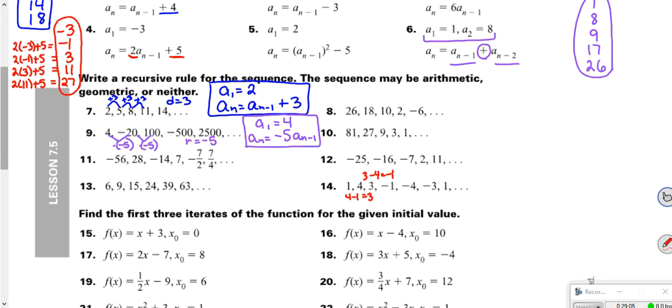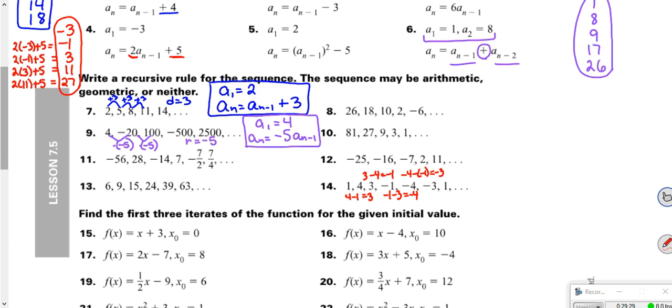To get to negative 4, I'm taking negative 1 minus 3, which gives me negative 4. Yep, that works. To get to negative 3, I'm taking negative 4 minus a negative 1, which is negative 3. Minus a negative 1 is plus 1, so that works.